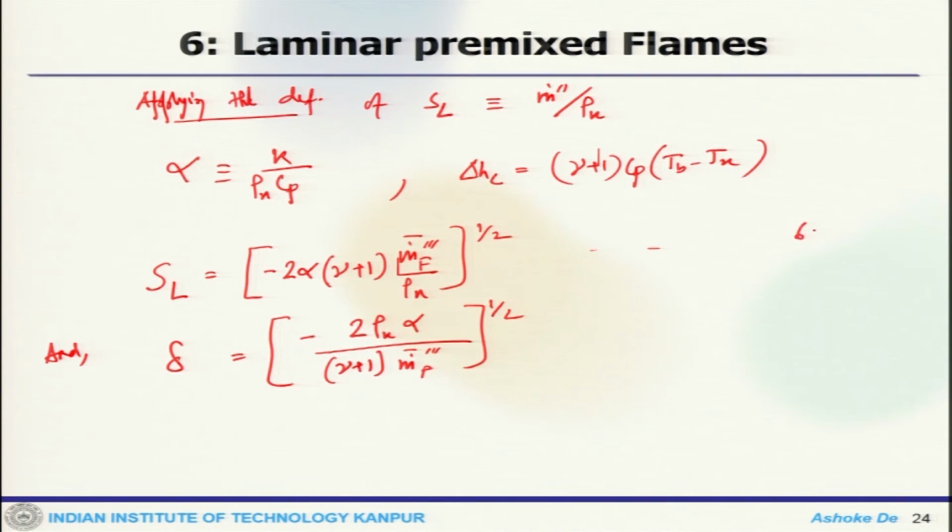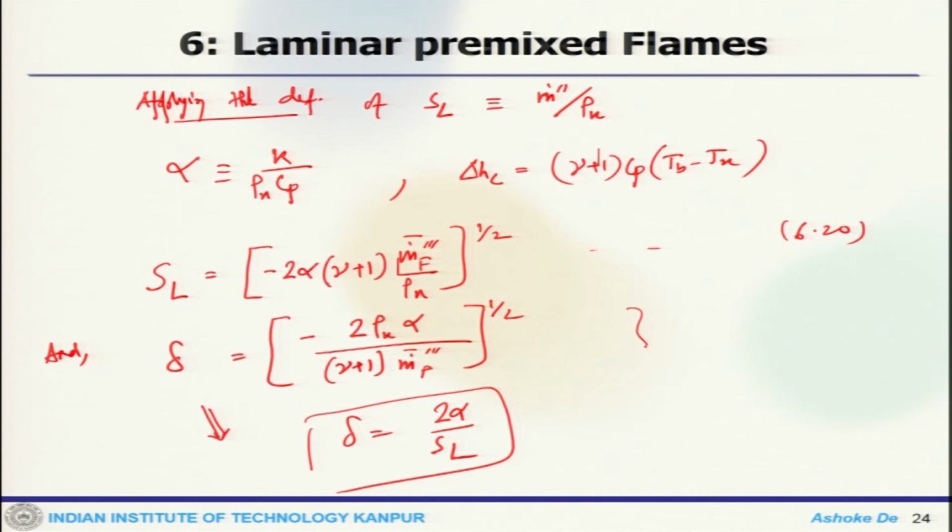This is my 6.20, and one can see, if you use the information of SL in the delta, one can write delta as 2 alpha by SL. So that is a nice correlation you get between SL, the laminar flame speed, thermal conductivity and the flame thickness.